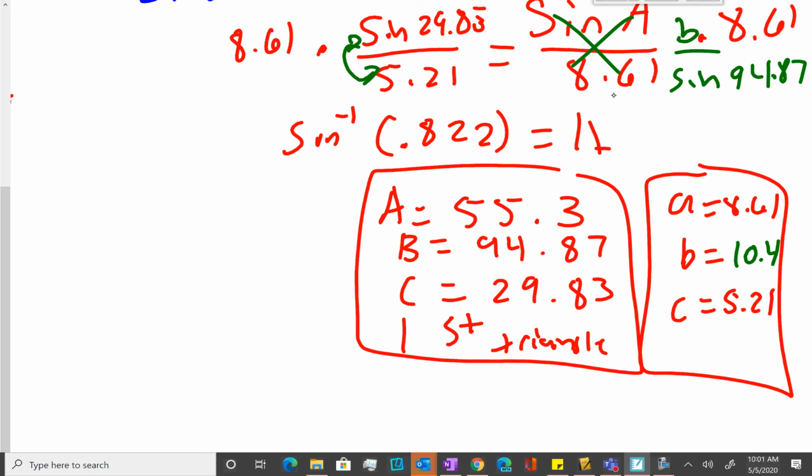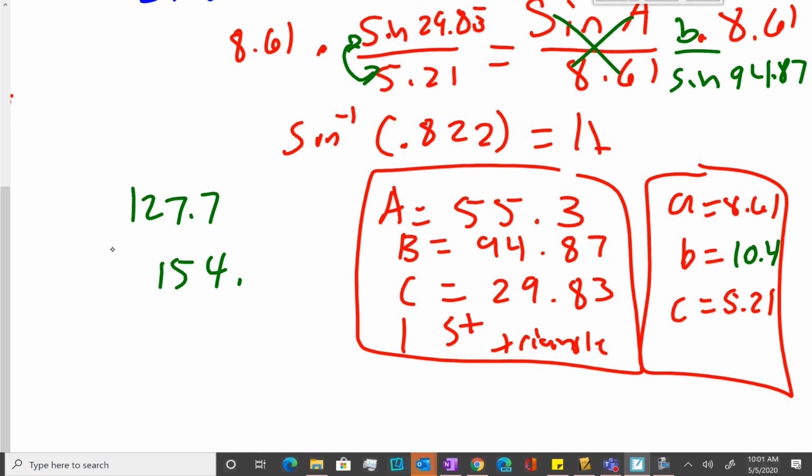All right, second triangle. I take my first angle that I found, which was 55.3, and I take 180 minus that. And so I get 124.7. And then I add my angle that I was given, which was C, 29.83, and I get 154.